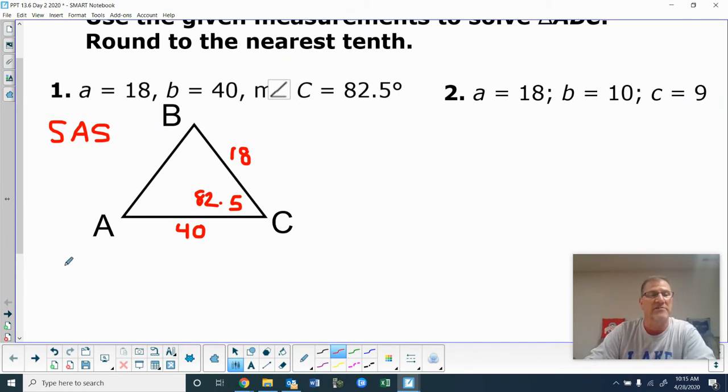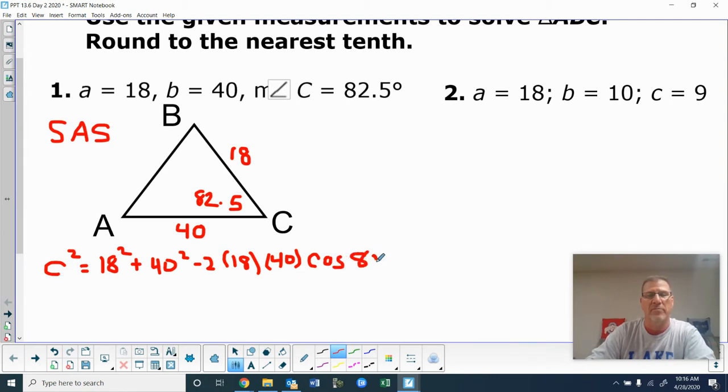So we're going to go C squared equals A squared plus B squared minus 2 times A times B times the cosine of angle C. Make sure you're in degree mode with your calculator.